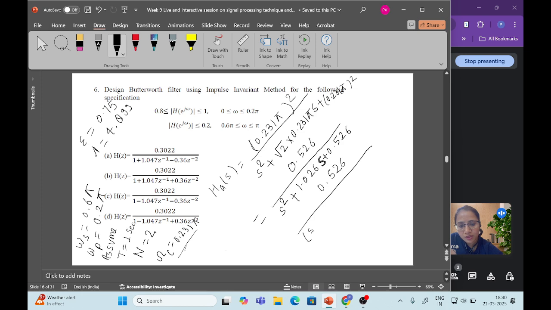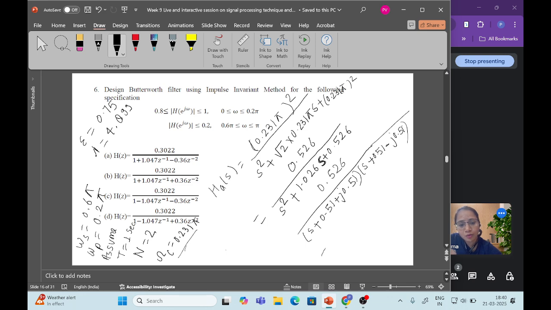First we have s plus 0.51 plus j 0.51. Next pole is s plus 0.51 minus j 0.51. So these are the two poles.